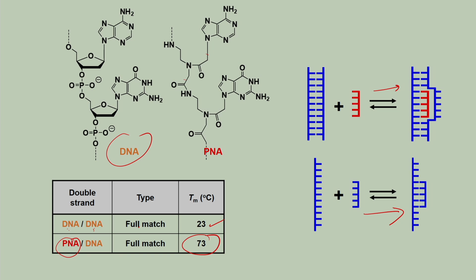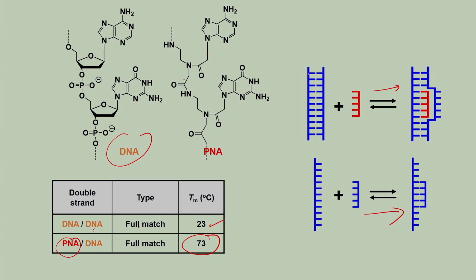So the degree or strength of hybridization is pretty high for the PNA-DNA double helix, and you can use this hybridization property to find the presence of single point mutations. We have talked about the binding patterns generated by PNA.